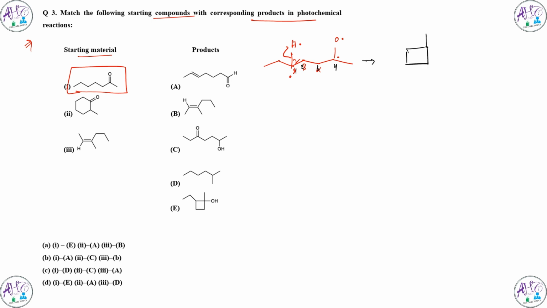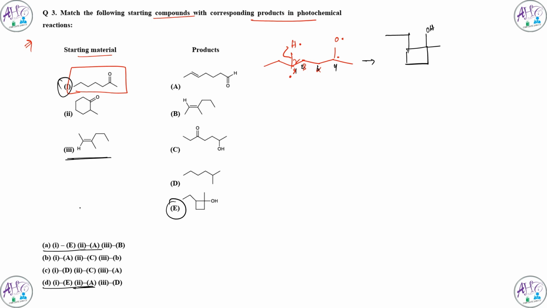So at the first position you'll have your OH and a methyl group, and at the second position you'll have your ethyl group like this. So your one is going to be E. So if you see the options, option A is possible and then option D. So what is there in both? One is C and the second one they have said is going to be A. So what do we need to check now? Only the third one we have to check. So what have they given in the third?